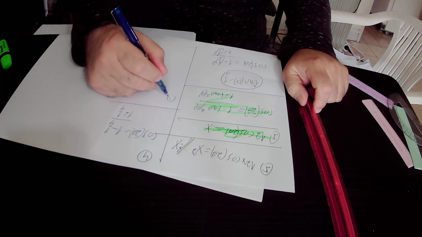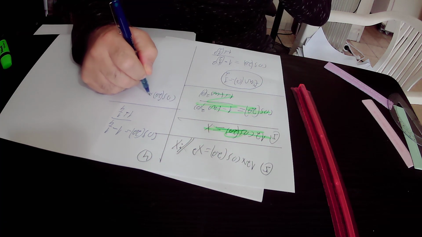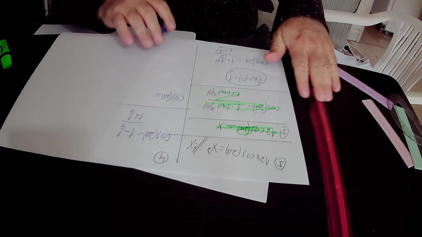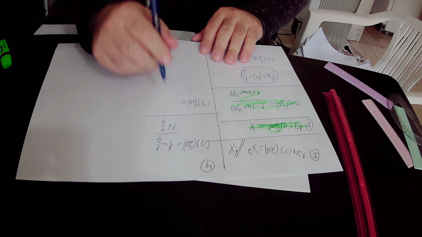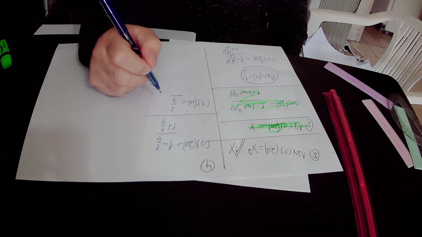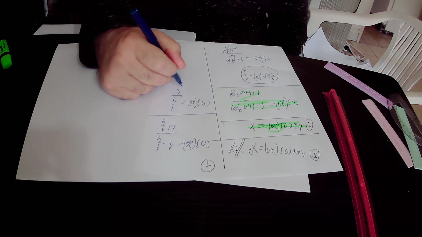So here cosine 2 theta equals 1 minus 1/4, which is 3/4, and 1 plus 1/4 is 5/4.